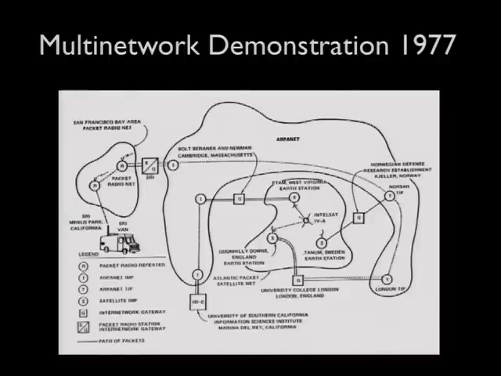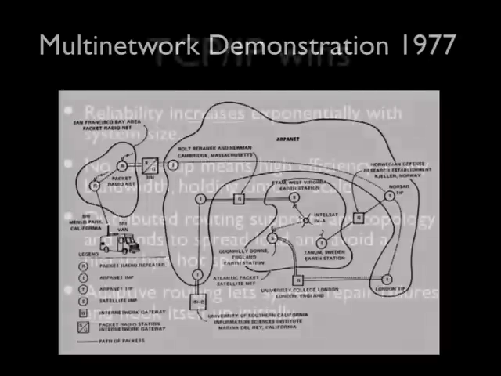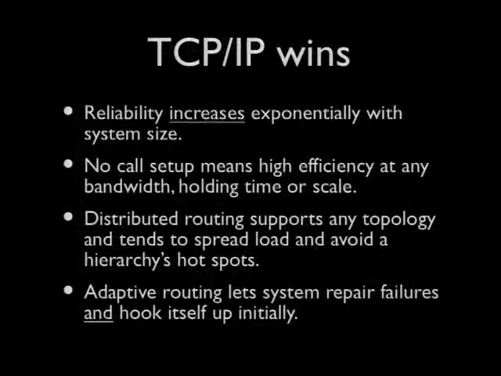But Vint could never sell the CatNet name, just had too many letters in it. The military likes 3-letter acronyms, so it became TCP/IP. And it won. It worked nicely.